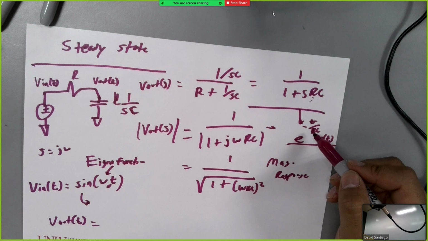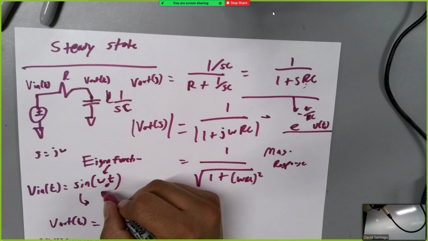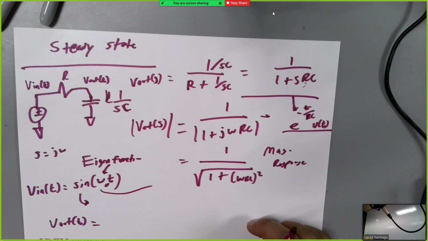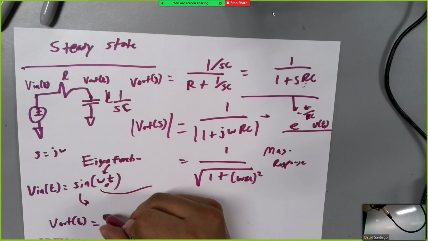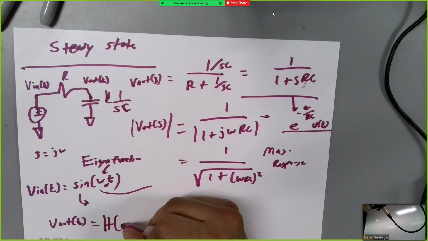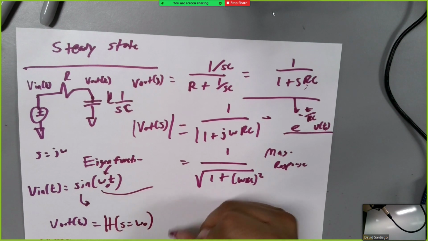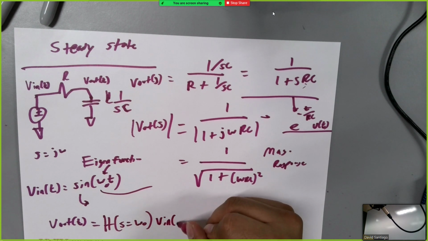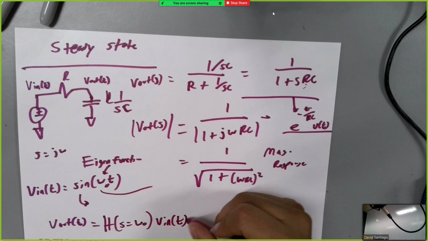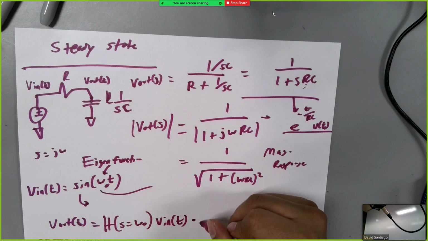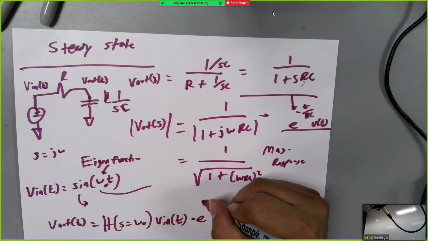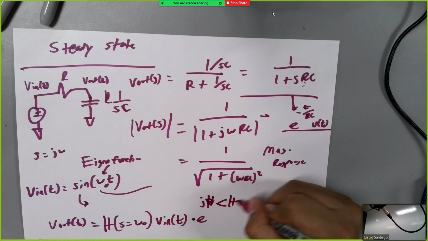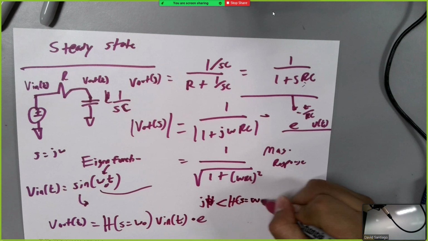I was trying to say something. If you look at this frequency, and if you wanted to find the output using the actual transfer function, what he's telling you is you have to do this: s is equal to omega naught, and then V in of t, and then multiply it by e to the j angle of H at s equal to omega naught.